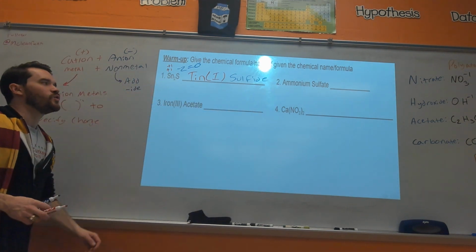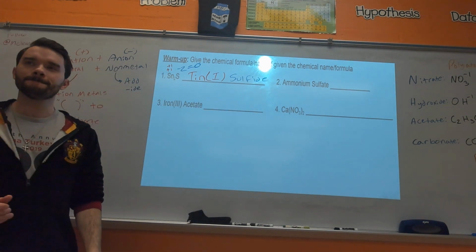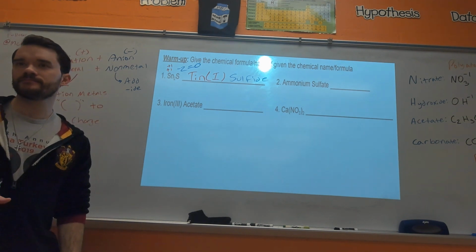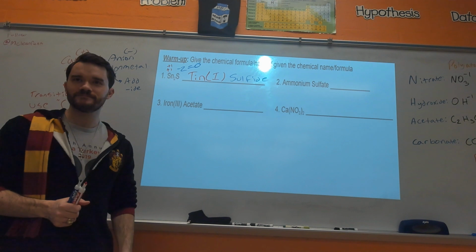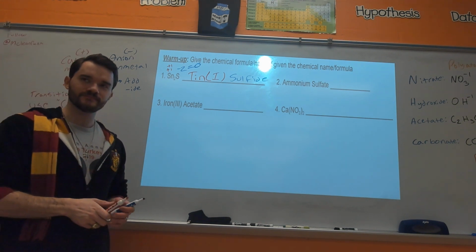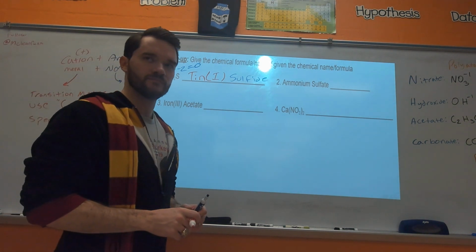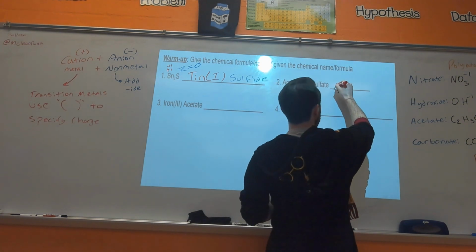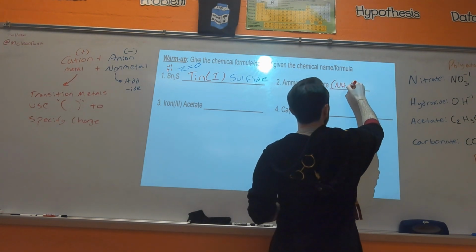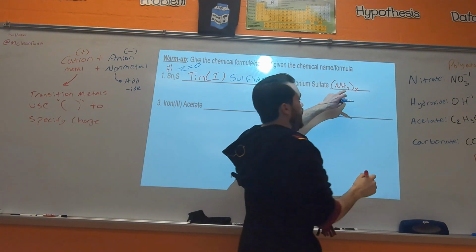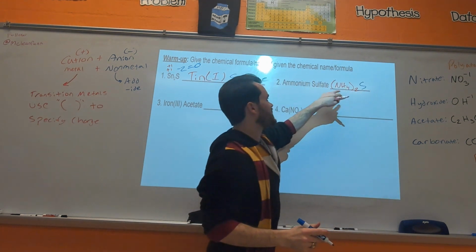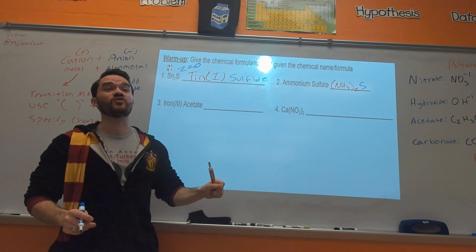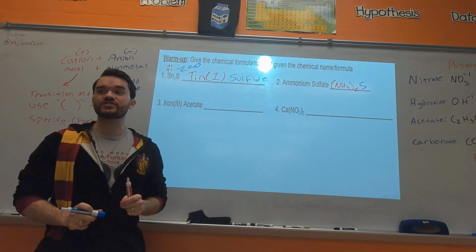Ammonium sulfate. What would be the formula of that? Any thoughts? Go for it now. (NH4)2S. Now, you will have an S in there, but it's not just S because it's not sulfide, it's sulfate. So that's tricky, right?